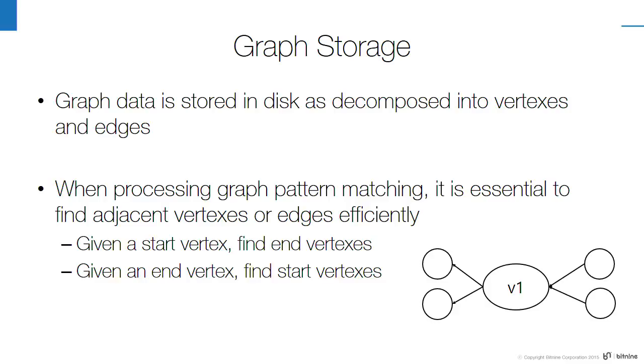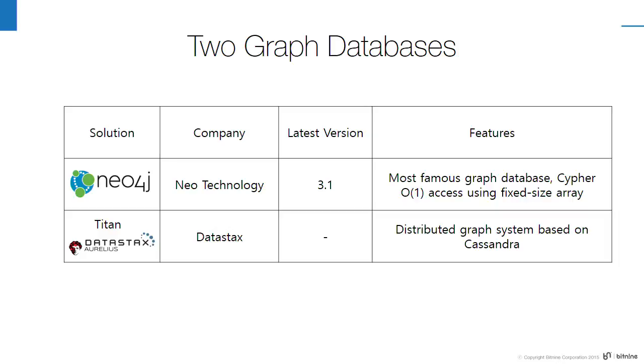Now, I will show two graph storage examples, Neo4j and Titan. Neo4j and Titan are the most popular graph databases. Neo4j is developed by Neo Technology and its latest version is 3.1. Neo4j supports the Cypher query language and uses fixed size record arrays.